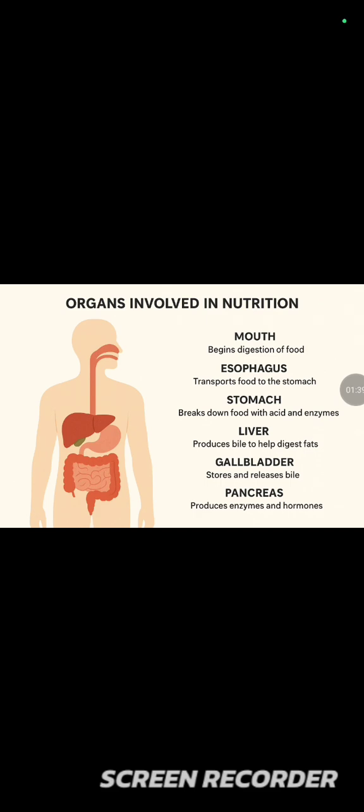That is why, whenever you take carbohydrates or sugars, you immediately feel the energy, because this part of digestion happens in the mouth itself. In our mouth we have salivary amylase, which breaks starch into maltose.